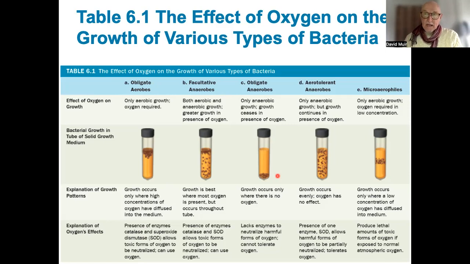Again, it has to operate under totally anaerobic conditions. And unsurprisingly, one of the ways of treating an infection with one of these organisms is to put people into a chamber with a very high pressure of oxygen, called a hyperbaric chamber, in an effort to saturate their tissues with oxygen and kill off the obligate anaerobes.